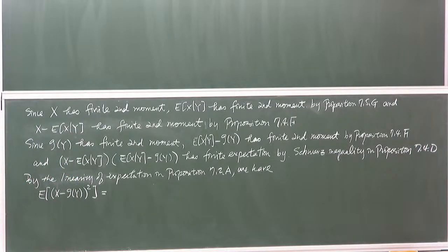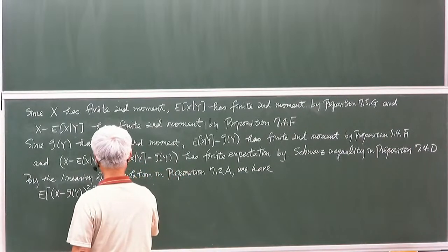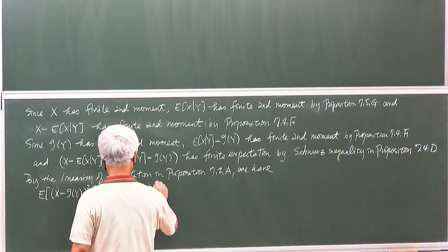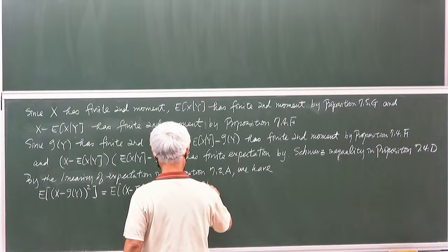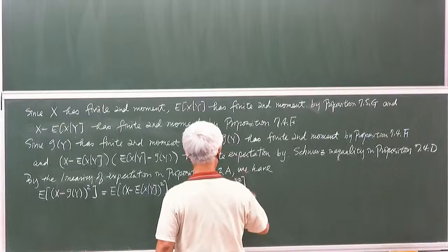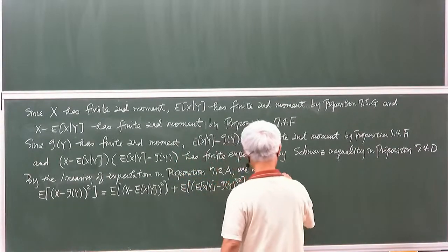Now we apply the linearity because this random variable has expectation, this random variable has expectation, and this random variable has expectation. So we have the expectation of the first difference squared, plus the expectation of the second difference squared, plus 2 times the expectation of the product of these two differences.